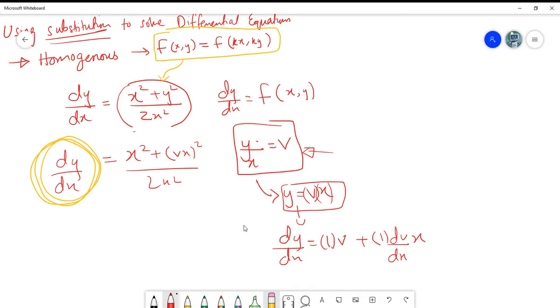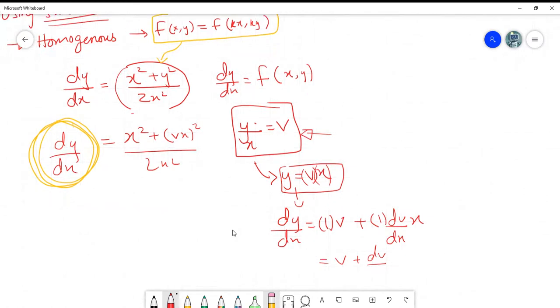So dy by dx is actually v plus dv by dx times x. So let's replace dy by dx with this, v plus dv by dx times x, and it's equal to x squared plus v squared x squared over 2x squared.